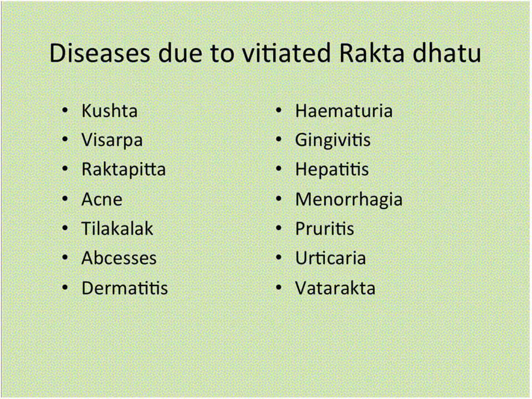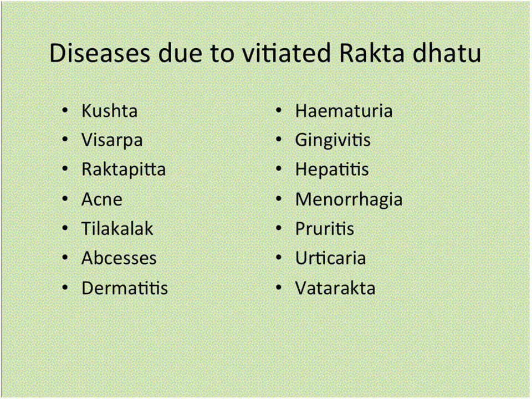Then we will see issues related with Rakta Dhatu. Many times Rakta issues are related with skin issues. For example, Kushtha, Visarpa, Rakta Pitta, acne, Tilakalak, meaning different types of black spots.